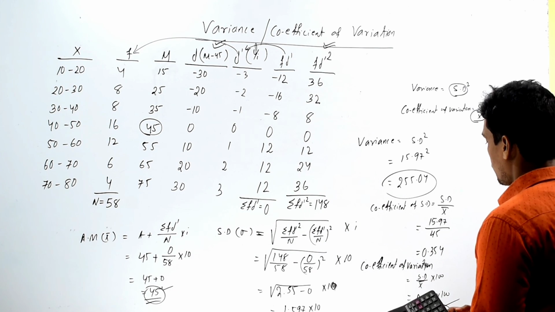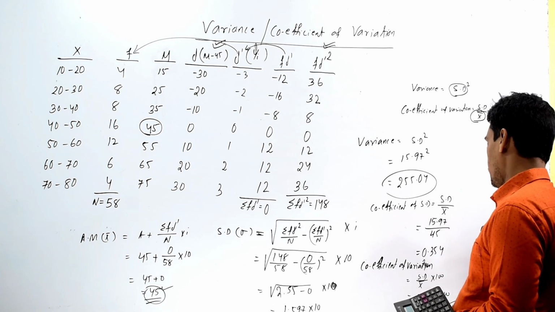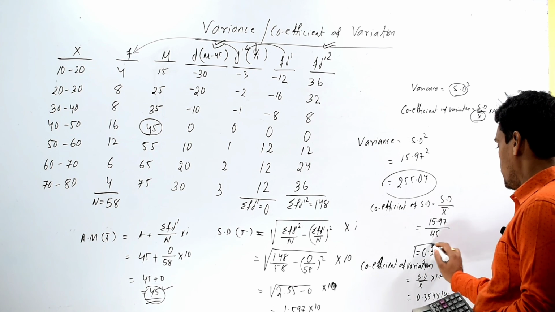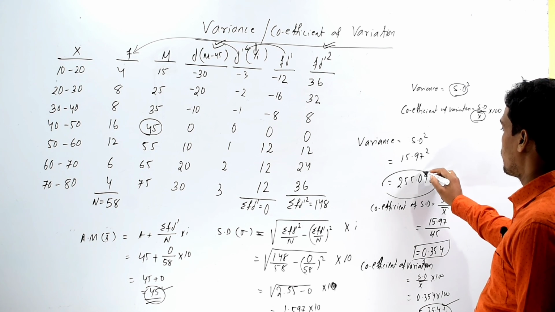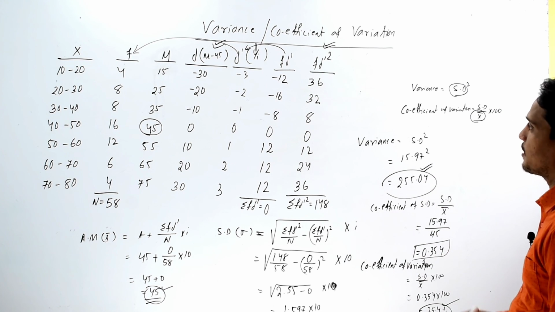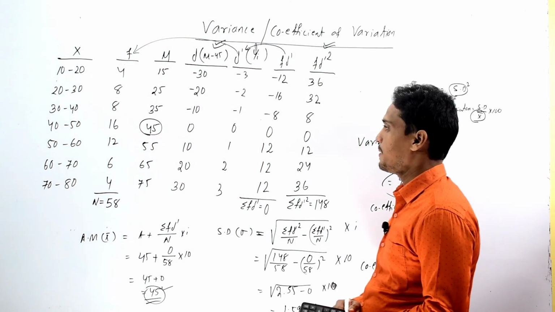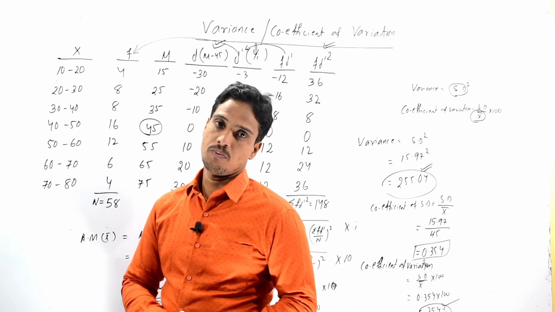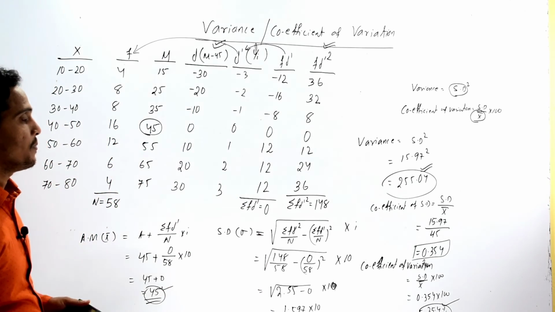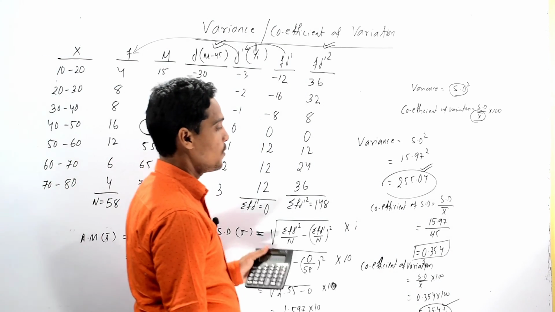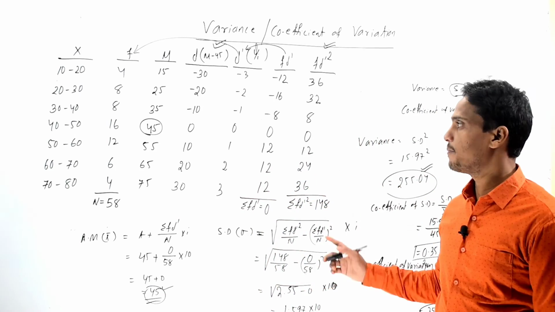So the coefficient of variation is 35.4%, the coefficient of standard deviation is 0.354, and the variance of the given series or distribution is 255.04. So these are all about our computation of variance, coefficient of standard deviation and coefficient of variation.